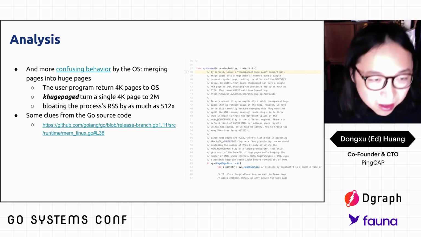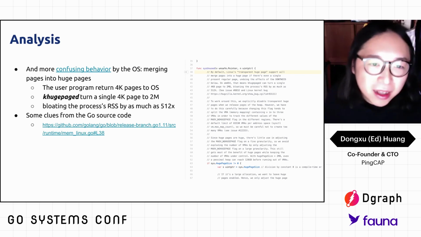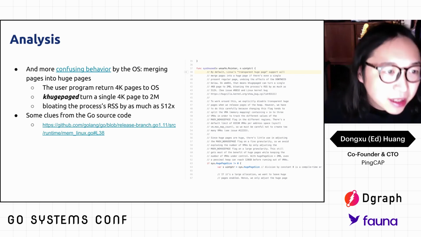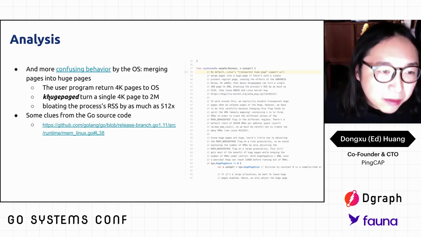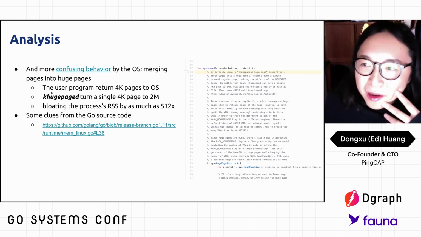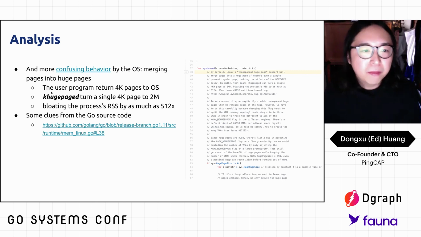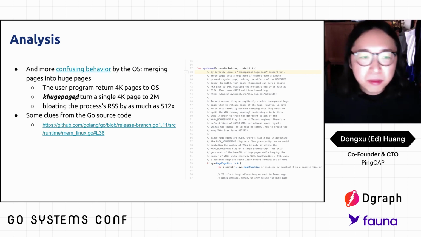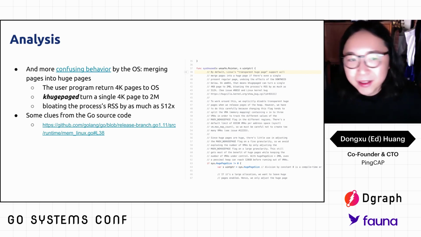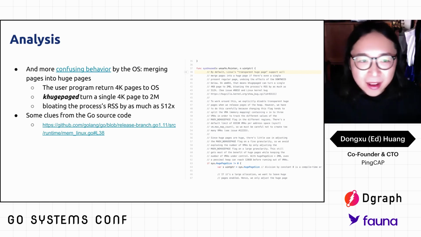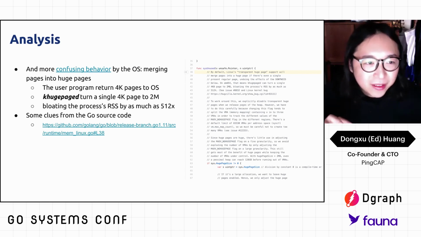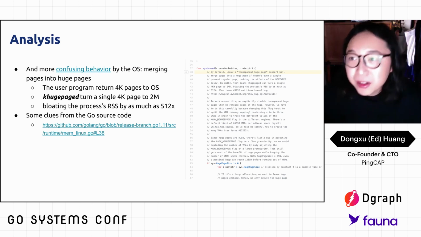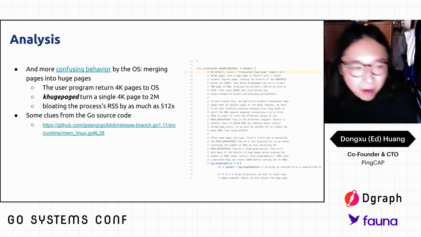When we return 4K pages to the OS, there's a background program called khugepaged. This program will merge the 4K pages from the user applications into 2 megabytes pages.